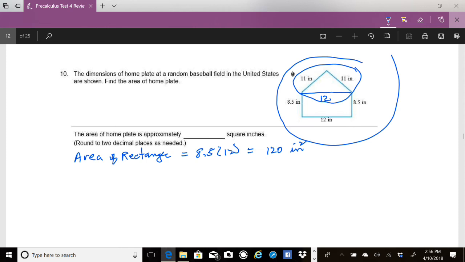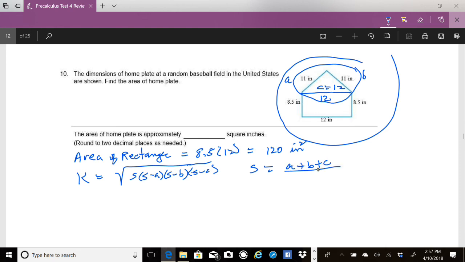So if we say this side is A, this side is B, this side is C, we can use Heron's formula, which says that the area is equal to the square root of S times S minus A, S minus B, S minus C. And S is going to be A plus B plus C divided by 2, which is 11 plus 11 plus 12 divided by 2, which is 17. So S is 17.